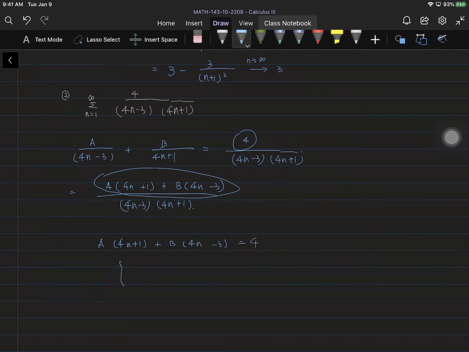Get 2 equations in A and B. Here I pick the coefficient for n, which should be 4A plus 4B. On the right side, no n term, so it equals 0. And then look at the constant on the left side of the equation. My constant should be A minus 3B, which is 4. And then solve for A and B.